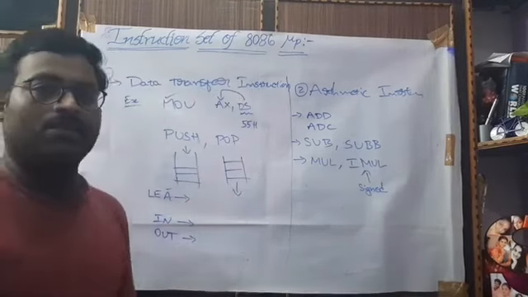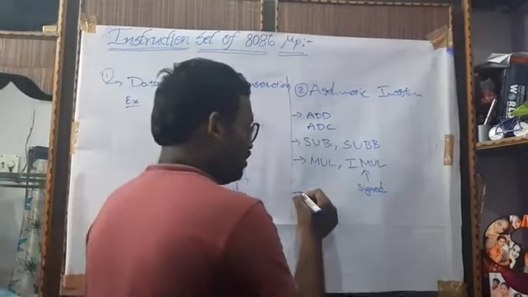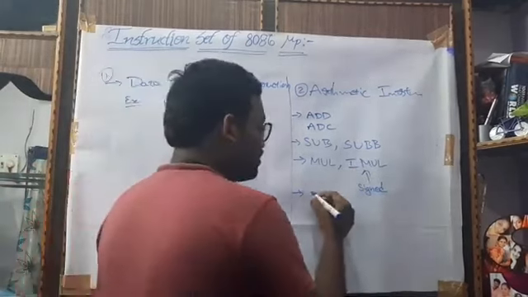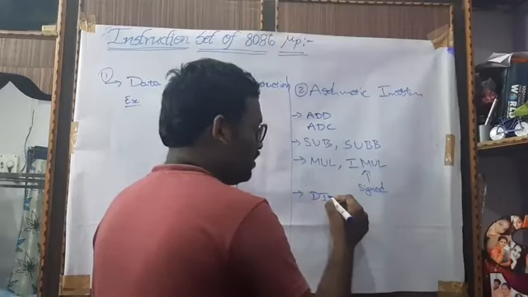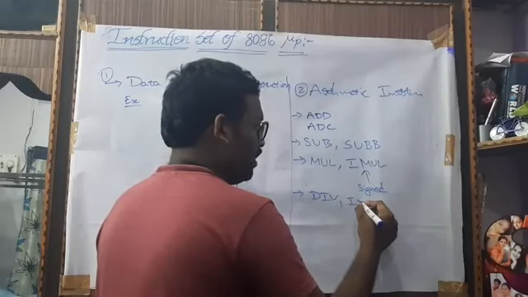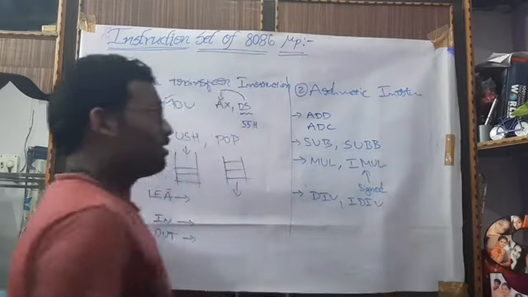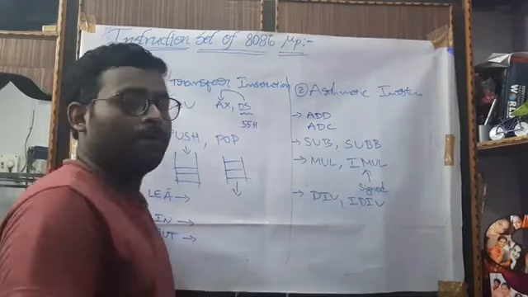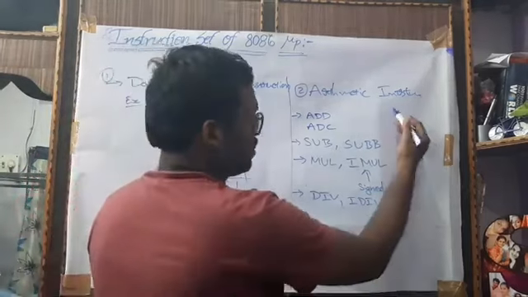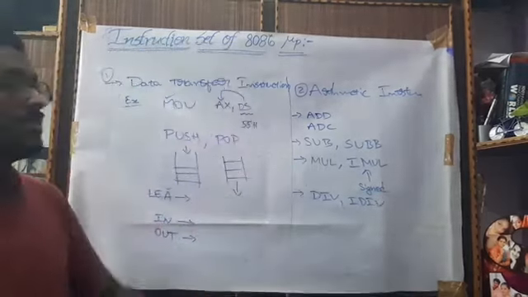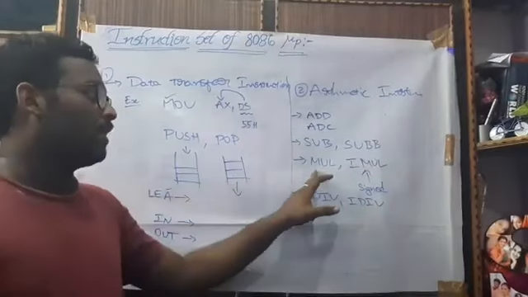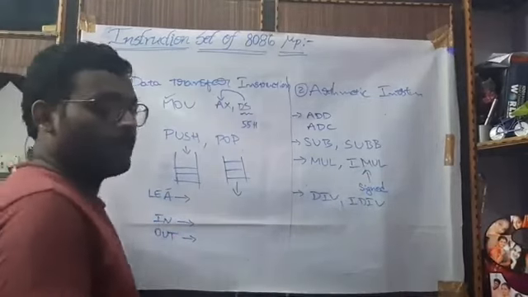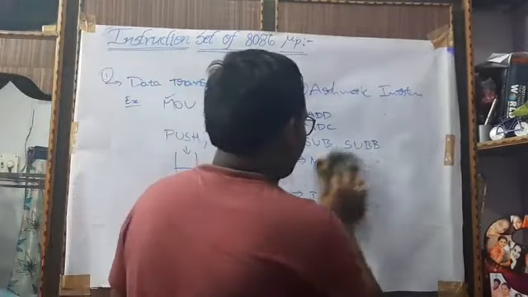IMUL is the signed multiplication operation. Signed means the multiplication of negative numbers. Divide, DIV, IDIV. These are some arithmetic instructions implemented in 8086: add with carry, subtract with borrow, MUL, IMUL, DIV, IDIV.